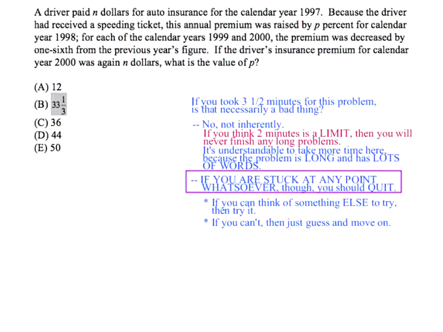Specifically, the theme of today is things that are not guessing methods, like plugging in on the cube problem. We specifically are not thinking about guessing today. That has its value, that has its place, but not here.